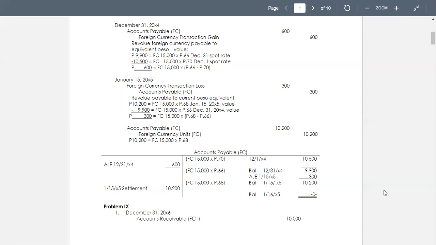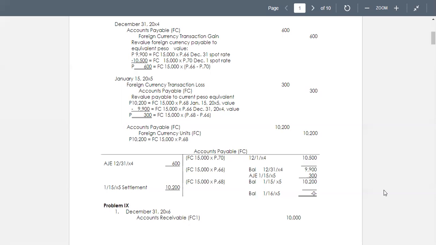The average exchange rates during the collection and payment period in 20X7 are FC1 at 0.18 pesos and FC2 at 0.0078. Now required, we have six requirements, and number one is prepare the adjusting entries on December 31, 2006.